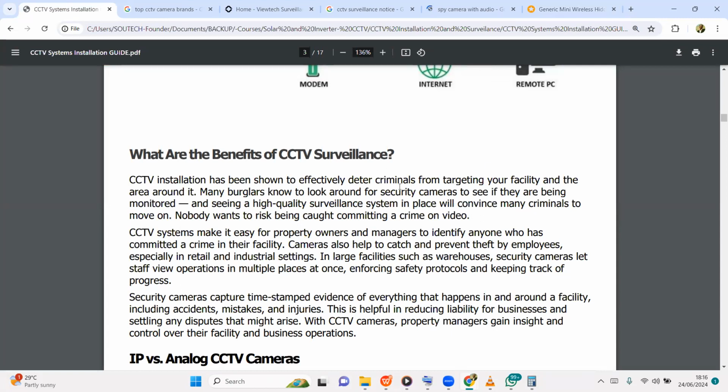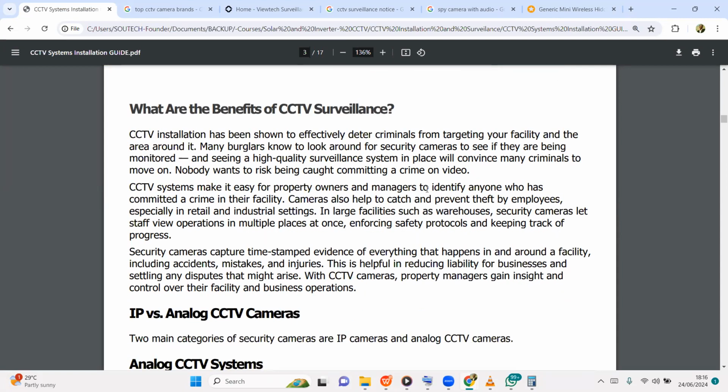So you want to ward off criminals. You want to be able to understand what is happening within your facility. Like, there's one installation we did for a water company. The owner was not around, so he is always not available within the facility. Then he implemented a system so that the system is able to monitor what is going on.